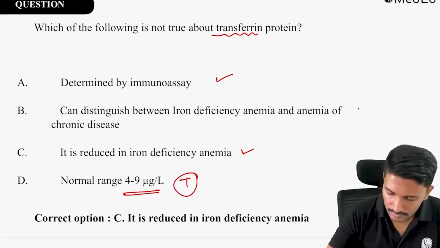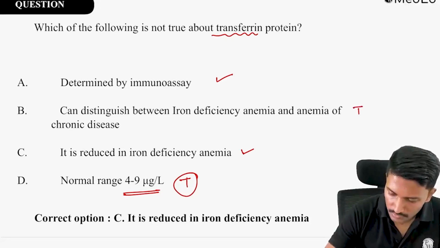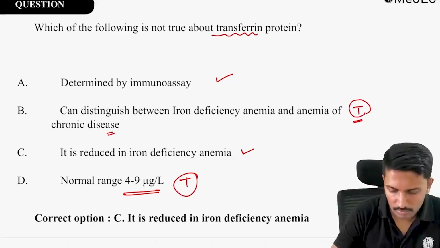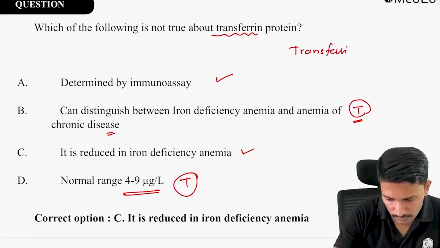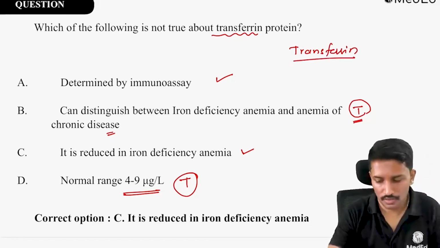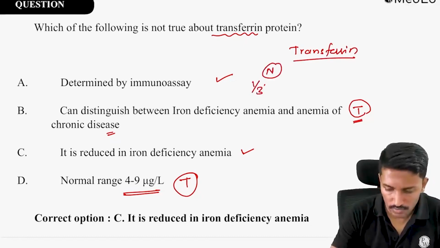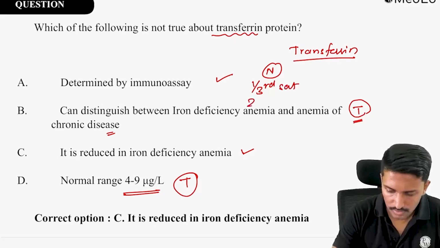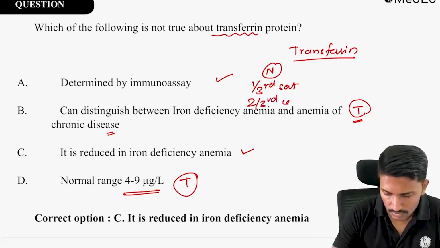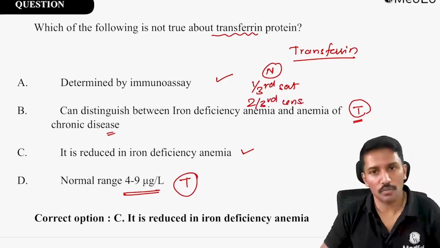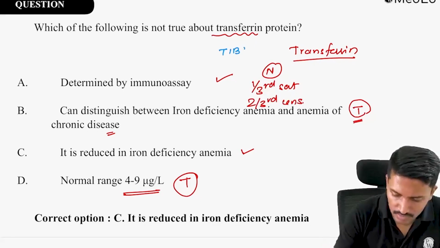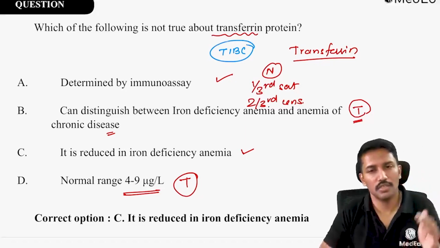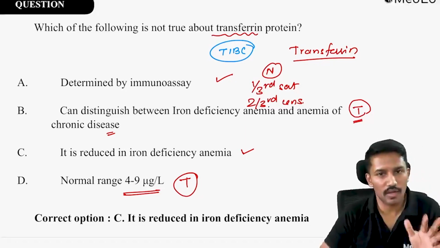Okay. And then it can help us to distinguish between the iron deficiency anemia and anemia of chronic disease, because see, as I've already told you, when you look at transferrin, in a normal condition, 1/3 is saturated and 2/3 is unsaturated. That means it is not bound by iron, right? So there is a term called TIBC. Now what is this TIBC? TIBC is the total iron binding capacity, right?